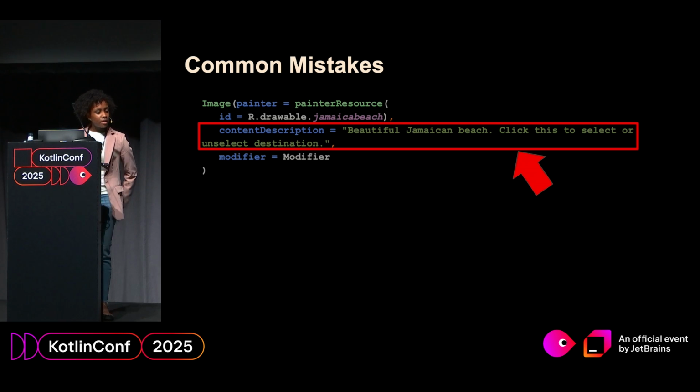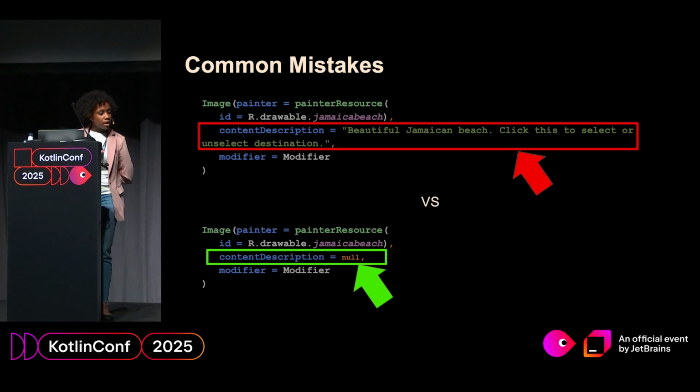Here we have insufficient descriptions. This could be a little bit different, but we set a content description for the image. But if the image is purely decorative and it's not needed for the user to know what it is, it's probably better to set your image content description as null. That's very situational though, because like I said before, you probably wouldn't want to do this in most cases.